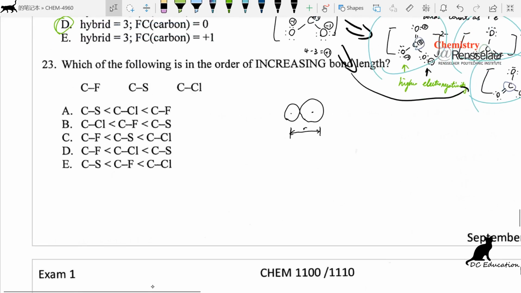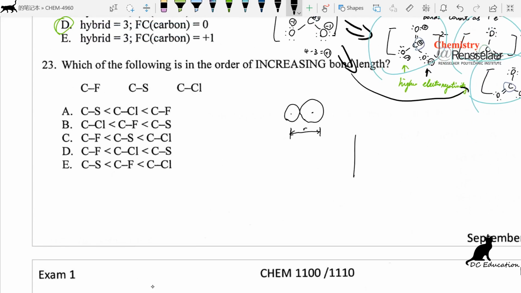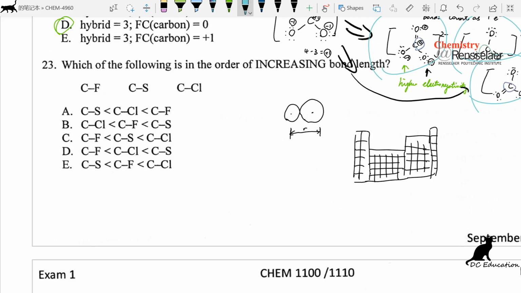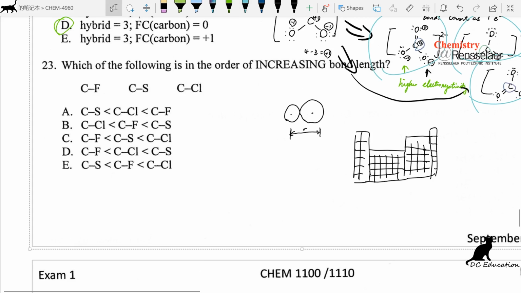and if you remember the general trend of the size, let me draw a somewhat periodic table real quick. So this is a periodic table, and if you remember from your class, the size of the atom increases from top to bottom.